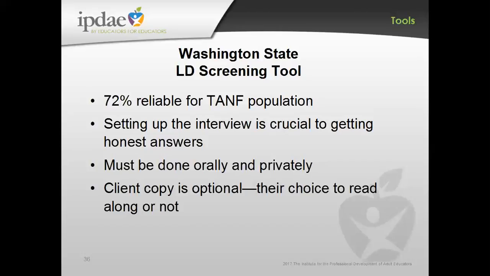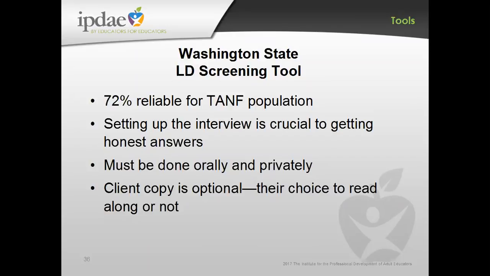Setting up the interview is crucial to getting honest answers from students on this screening tool. It has to be done orally and privately if you're doing it one-on-one, which is the best way to do it. The group one is a time saver, but it is not the preferred method.